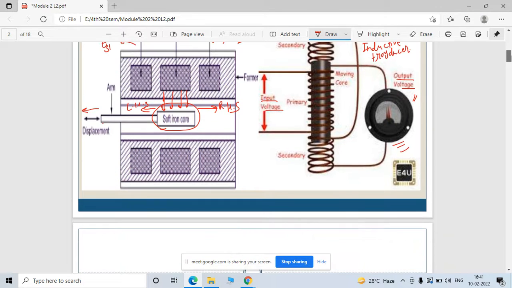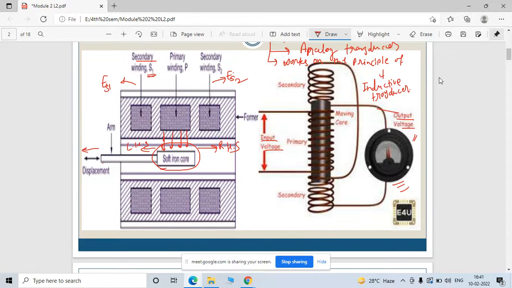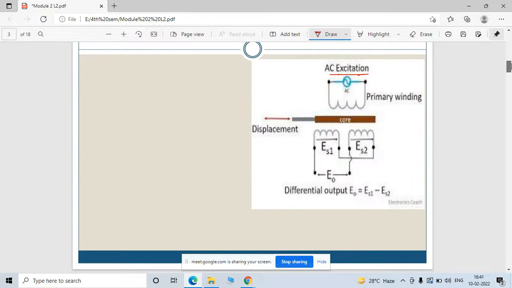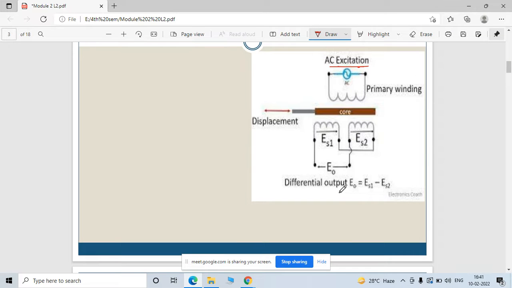Sorry, this output is taken from one of the ends of this secondary. प्राइमरी दिस सेकेंडरी के फर्स्ट एंड से लिया है और सेकेंडरी के लास्ट एंड से सेकेंड कॉइल लिया है. एंड हाउ टू टेक दैट आउटपुट इज जस्ट लाइक दैट. द सीरीज अपोजिशन में हमने ये आउटपुट टर्मिनल कैरी आउट किया है. ओके. So by means of the induction, the EMF is induced in these coils, right?